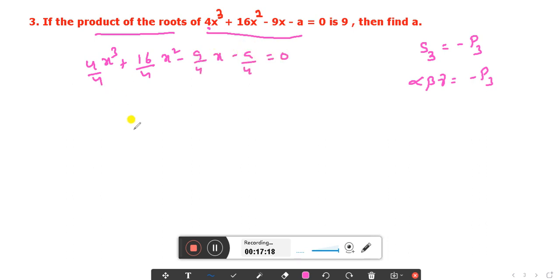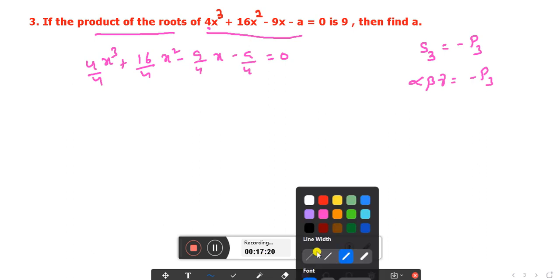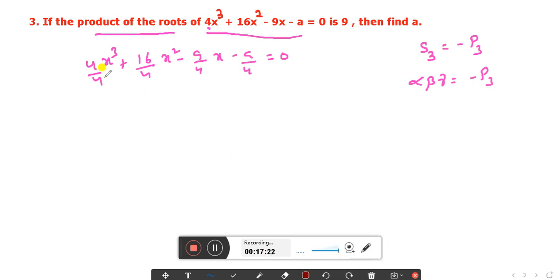Okay, now when you get cancel them, it becomes x cube plus 4x square minus 9 by 4x minus a by 4 equals to 0. Okay, now we have to take S3.